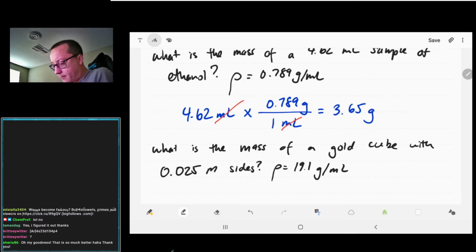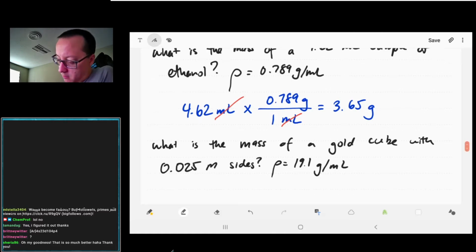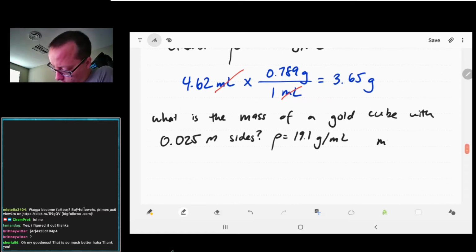Okay, let's try a slightly more complicated one. So, remember, a milliliter is the same thing as a centimeter cubed.